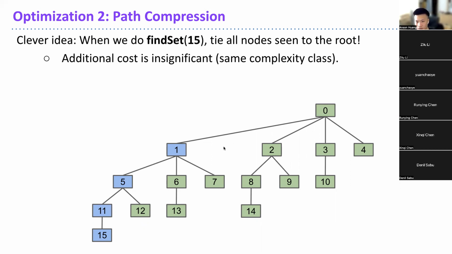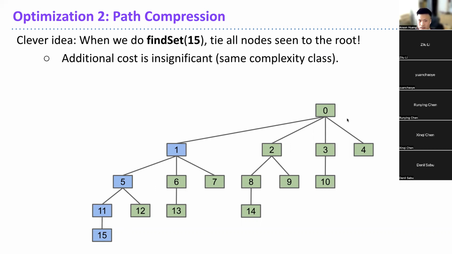So what that means is, if we want to find the representative of 15, notice that we would have to go up to 15's parent, 11, go up to its parent, 5, go up to its parent, 1, and then go up to 1's parent, 0. And notice how if we keep on doing this, it's a little bit annoying, right? It runs in log n time.